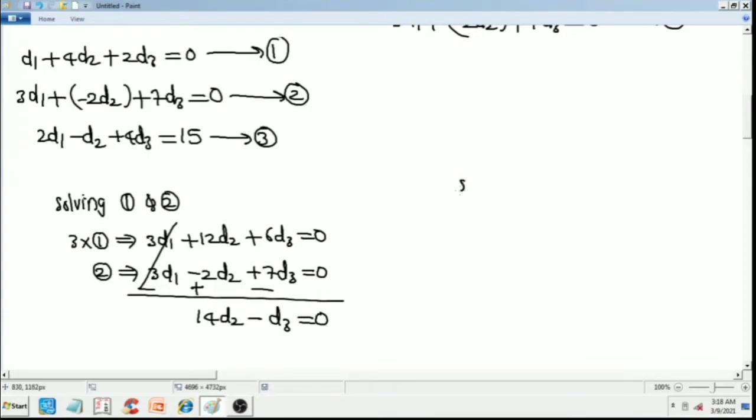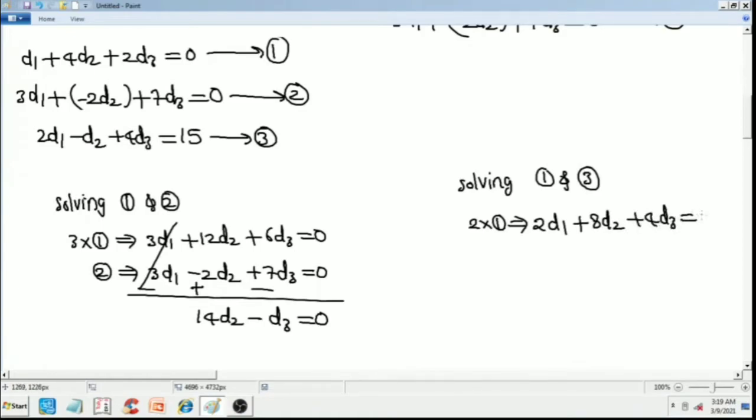Next, solving 1 and 3. In the third equation we have 2d1, here we have d1. So in order to make 2d1, I need to multiply equation 1 by 2. Then equation 1 comes out to be 2d1 plus 2 4s are 8 d2 plus 2 2s are 4 d3 is equal to 0. Next, equation 3, write it as it is, there is no change: 2d1 minus 2d2 plus 4 times d3 is equal to 15.